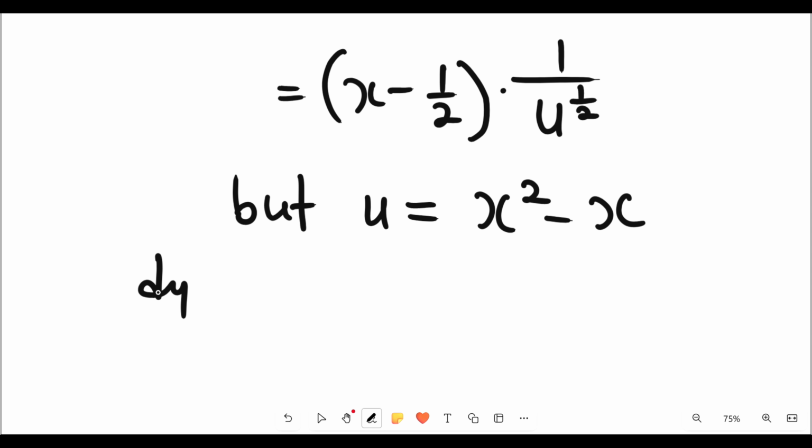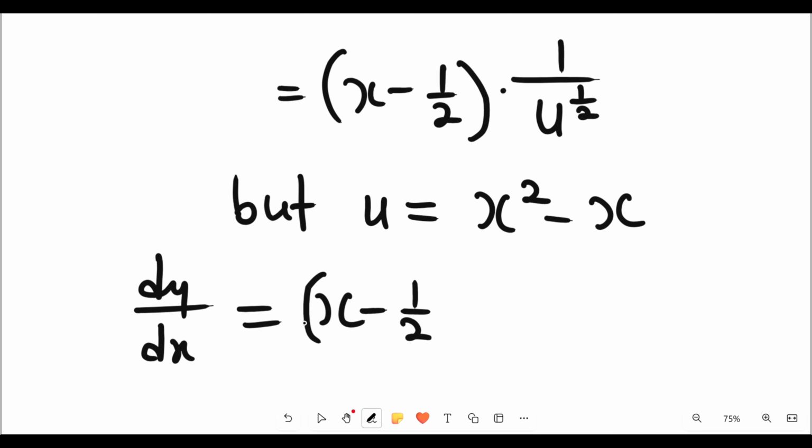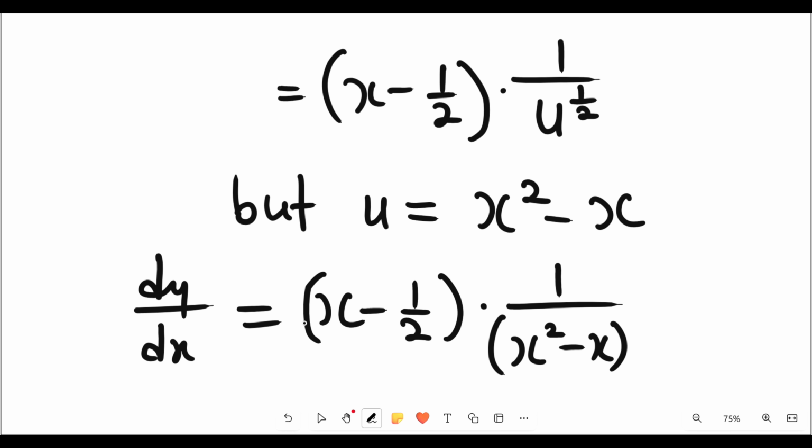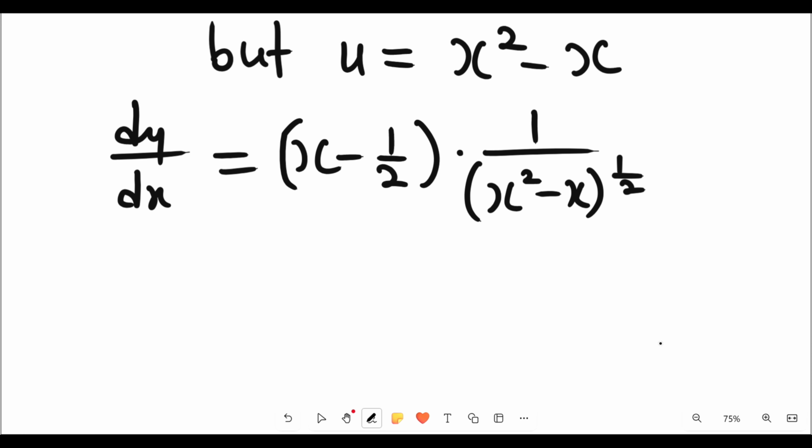So our dy dx will be equal to, as we already have x minus half in bracket, then you will now replace your u with x squared minus x, and the u is having power half.